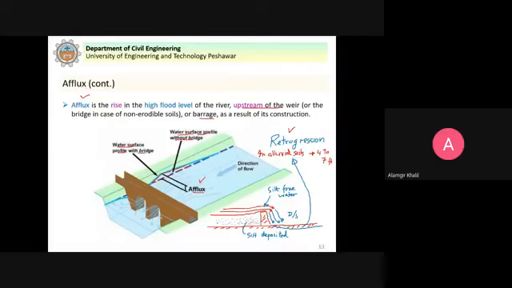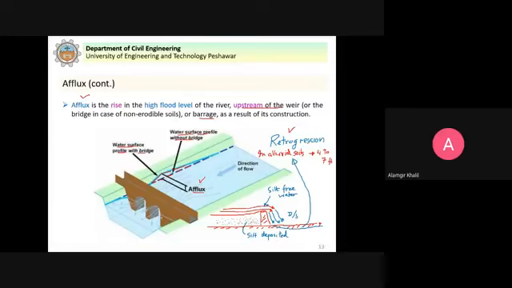It will now carry the silt. Clear? So this silt will be deposited on the downstream side. And again, the bed level will rise.